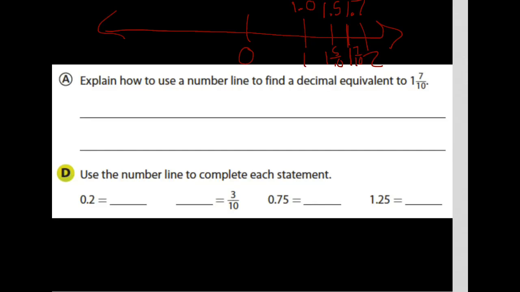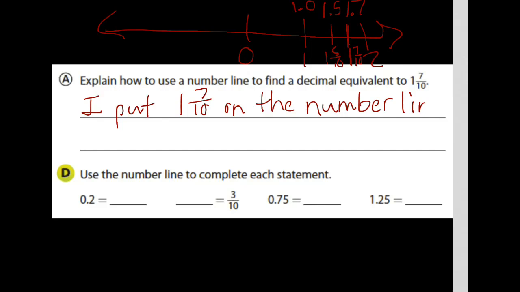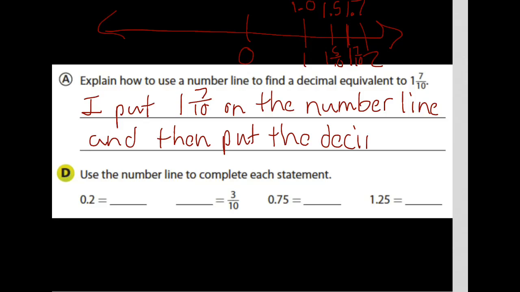So when I write this, I put 1 7/10 on the number line, and then put the decimal equivalent above it.